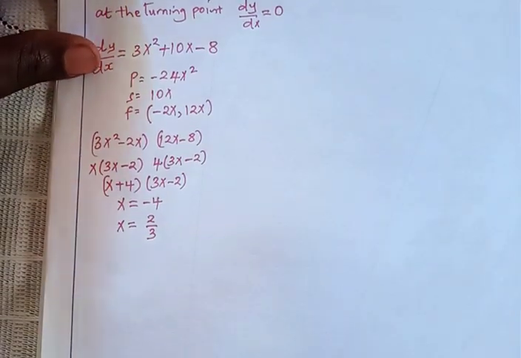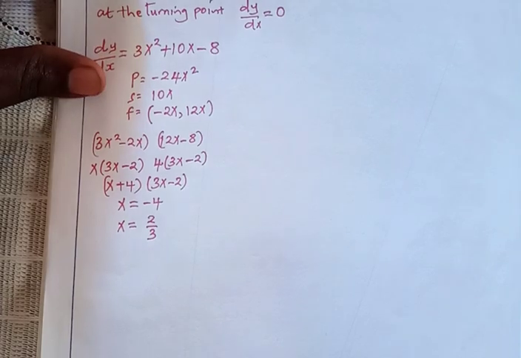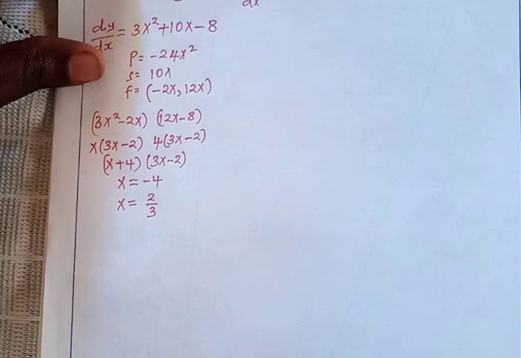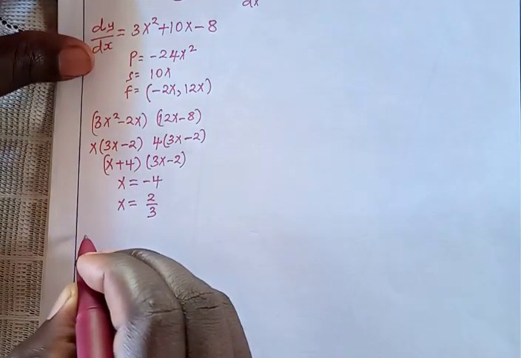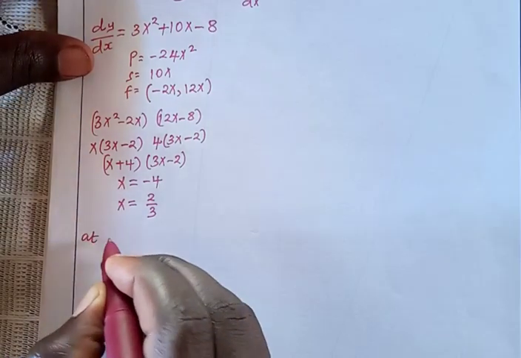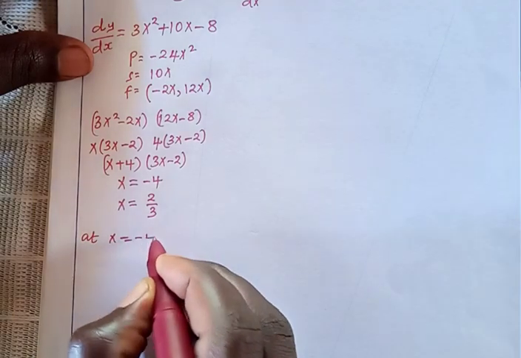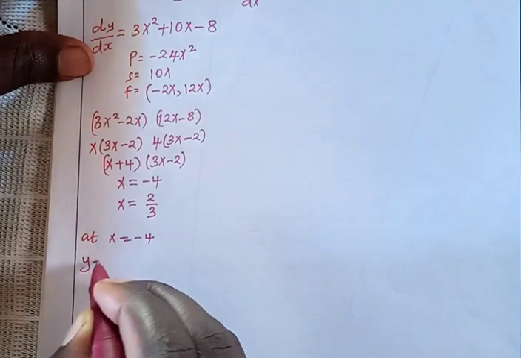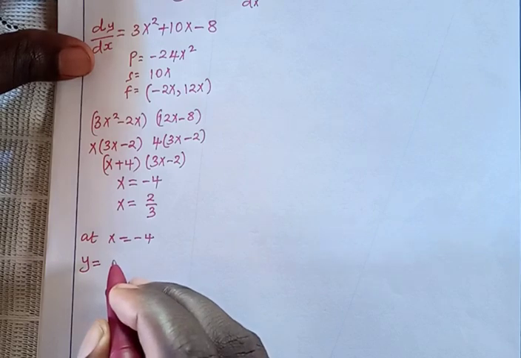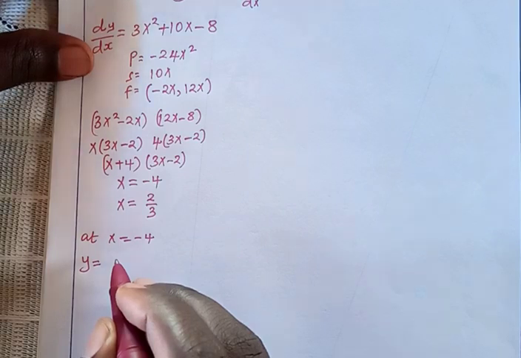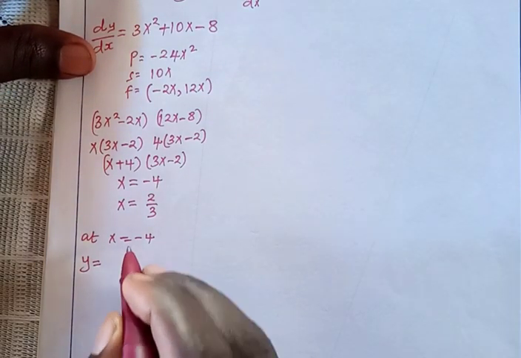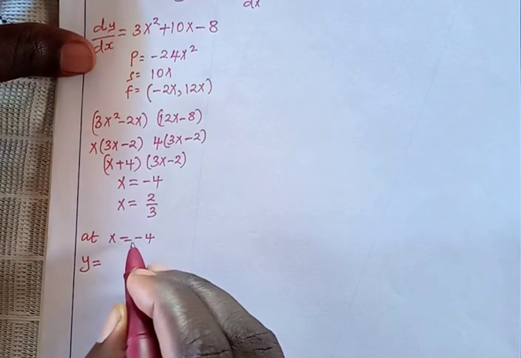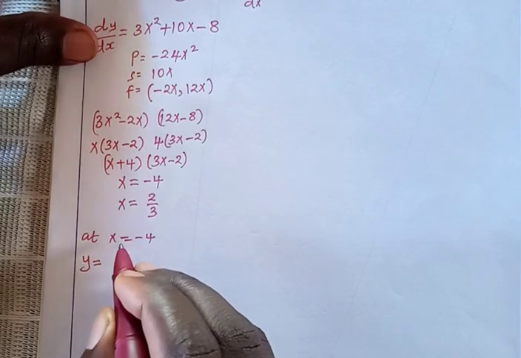Now, we already have two values for x. What remains is to get the two values for y. At x equals negative 4, y is going to be, we want to substitute into the main equation.